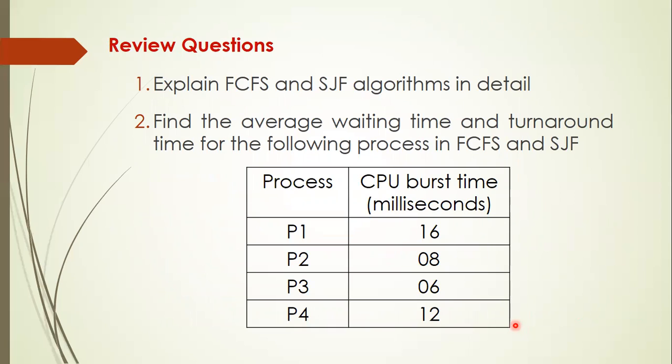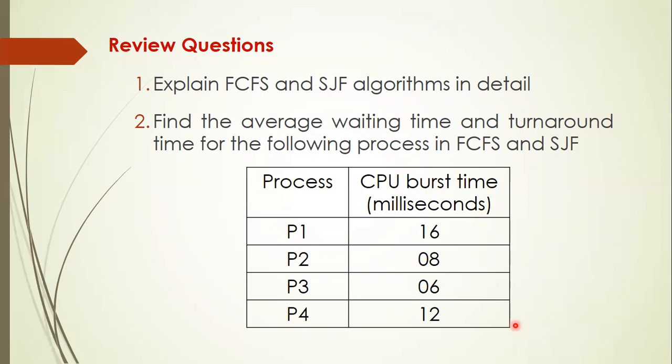So today I have explained two different CPU scheduling policies of the same nature called non-preemptive. And we also learned how to calculate the average waiting time and the turnaround time in both the cases. We also discussed the merits and demerits of these two.